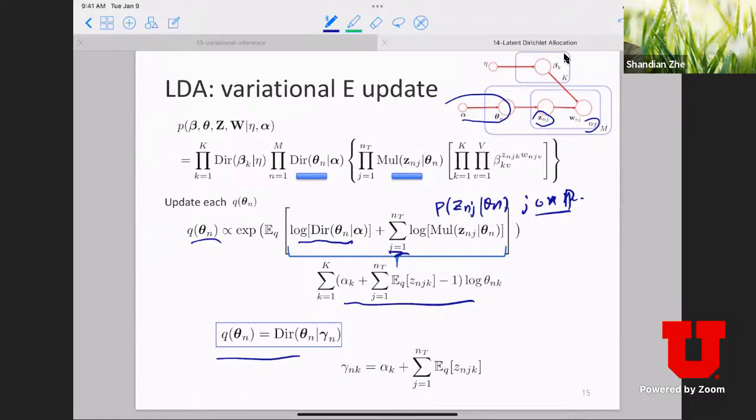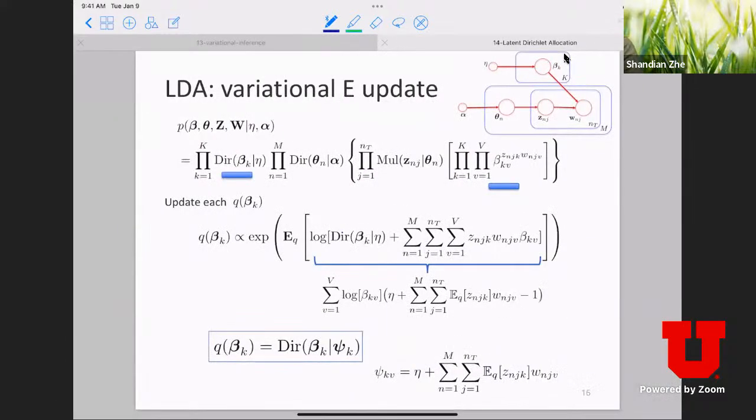And similarly, you can update Q of beta k. Because it involves all the documents in your corpus, the collection of documents, because it determines every word in every document in your collection, the Markov blanket will involve the prior of beta k and also other words in the whole data.